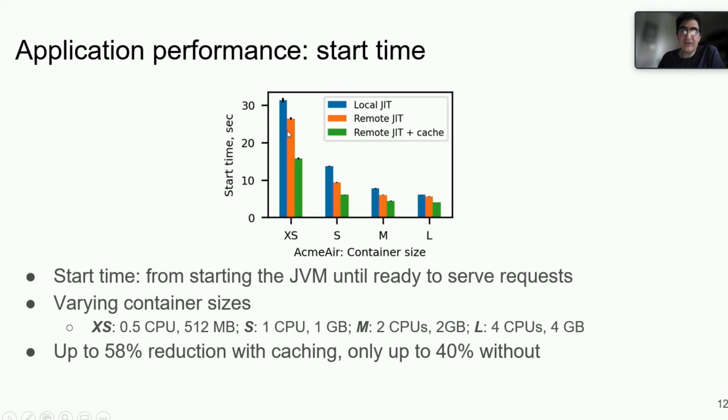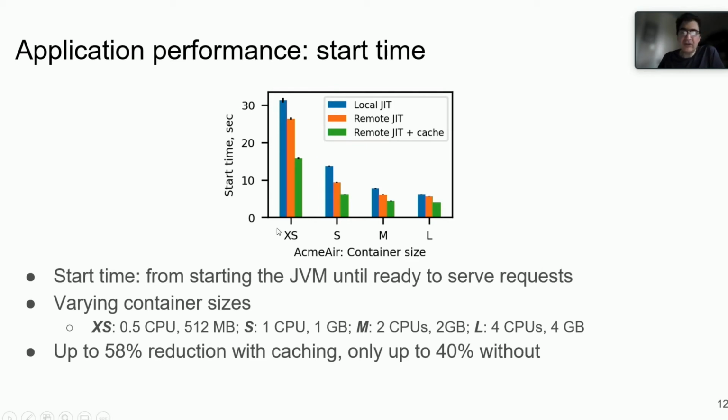We can observe from the graph that even the remote JIT alone is able to provide decent improvements in startup time. But if we add the cache, those improvements become bigger. With caching, we can achieve as much as 15% reduction in startup time.